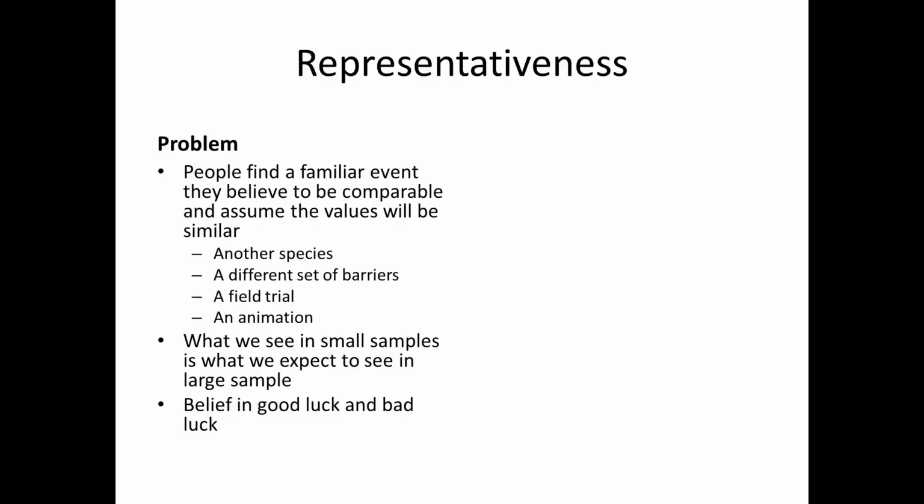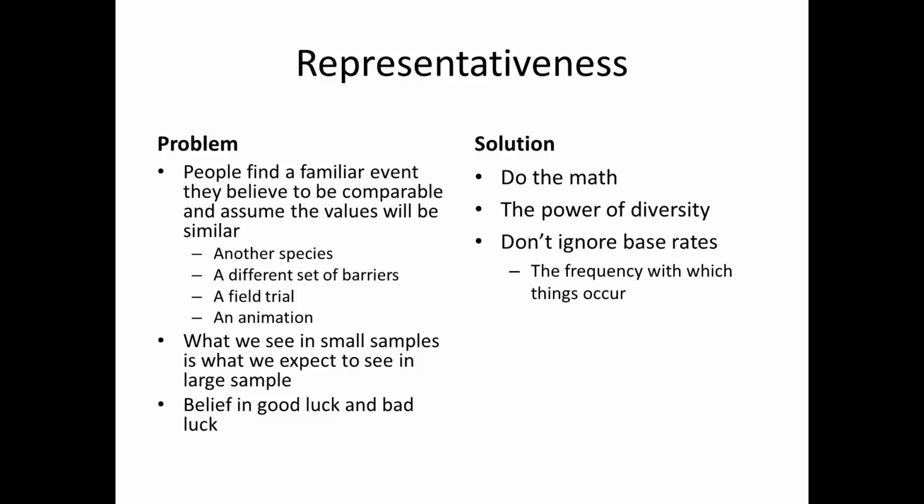What we see in small examples is what we expect to see in the large example. Belief in good luck and bad luck can influence representativeness. So we ask people to do the math. Once again, this power of diversity is important.